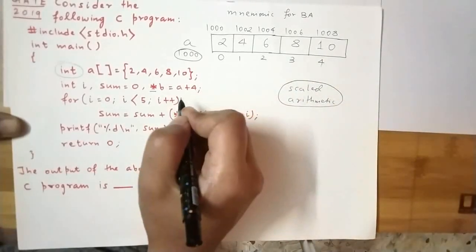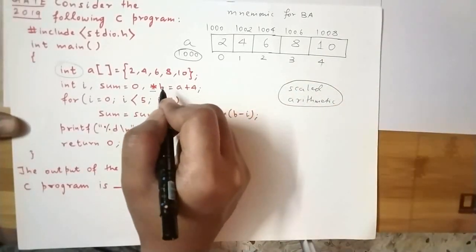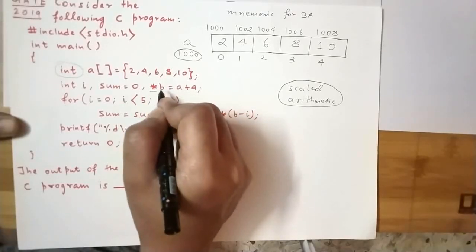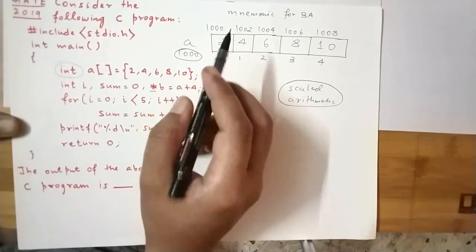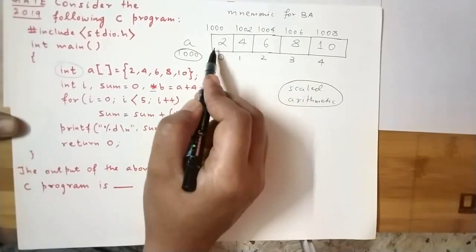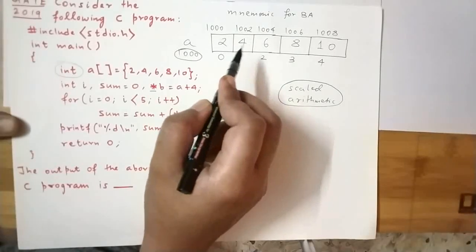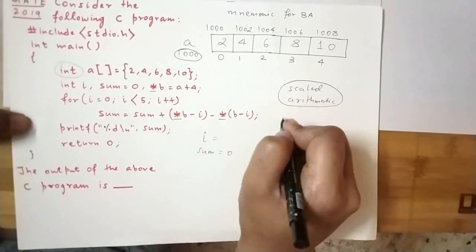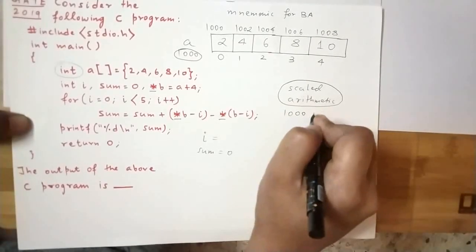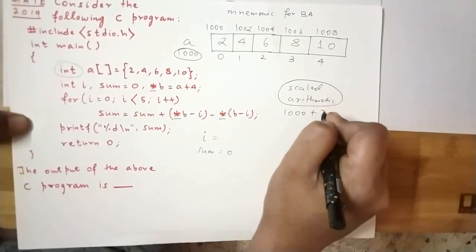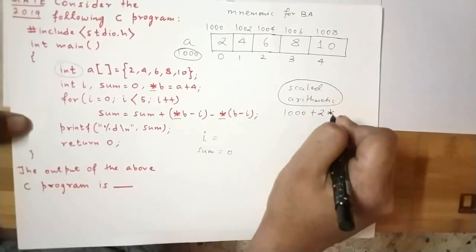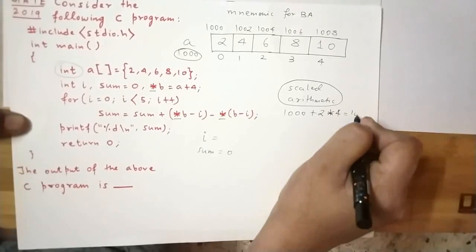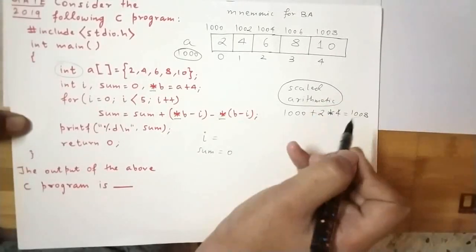Its size is 2 bytes, because it is an array of integers, and I've assumed every integer to take up 2 bytes. So when I say a plus 4, what I get is 1000 plus size of int, which in this case is 2, multiplied by 4. So this comes out to be 1008.